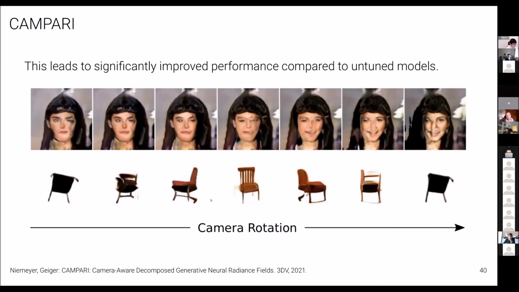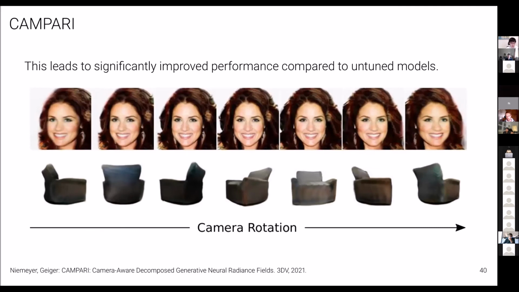And when you rotate, this is the rotation axis, sometimes rotation doesn't even happen, sometimes rotation changes the shape or the appearance, so it doesn't really work. But if we also learn jointly now the camera distribution, we can get nice results again, similar to the results obtained with hand-defined parameter sets.